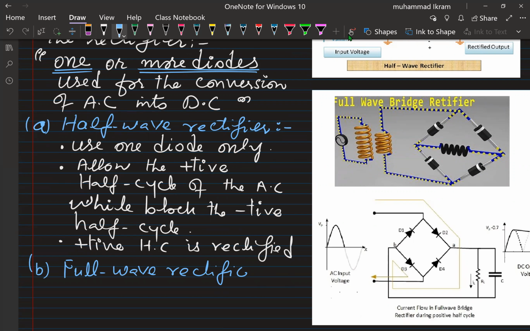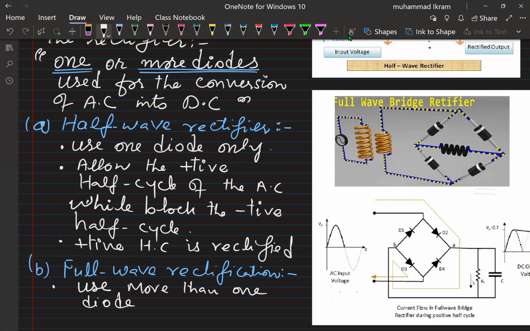The full wave rectifier uses more than one diode. It can be two diodes or more than one diode. As you see here, we use more than one diode. Here you see four diodes.